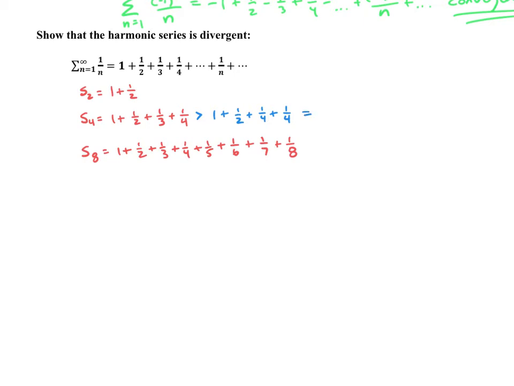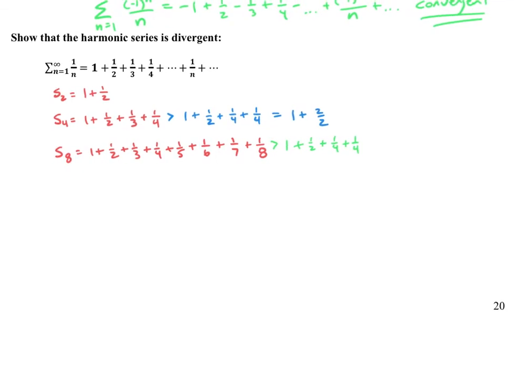And if you were to combine these, and I'm going to do this in a certain way just so you can see a pattern, I have 1/2, and I'm going to add 1/4 and 1/4, which means I have 2 halves. And I know that's 1, but just bear with me, I'm going to write it as 2 over 2. So I have 1 plus 2 halves. When we take a look at the eighth partial sum, I'm going to compare this to 1 plus 1/2 plus 1/4 plus 1/4, just in a similar way that we did the fourth partial sum.